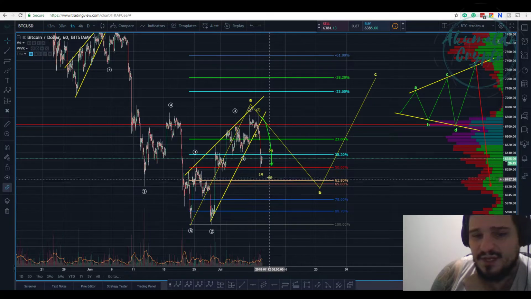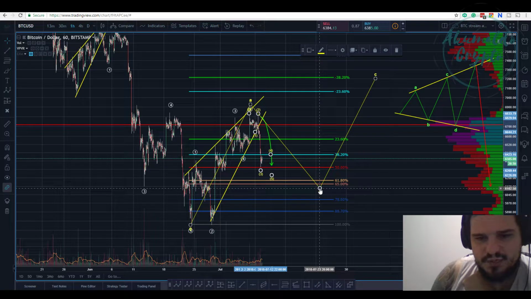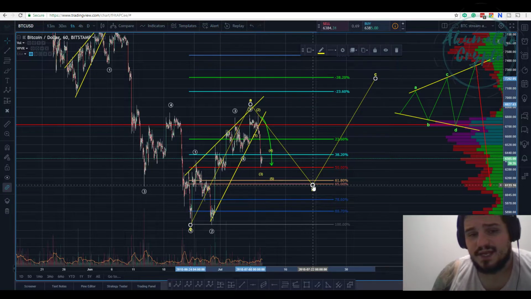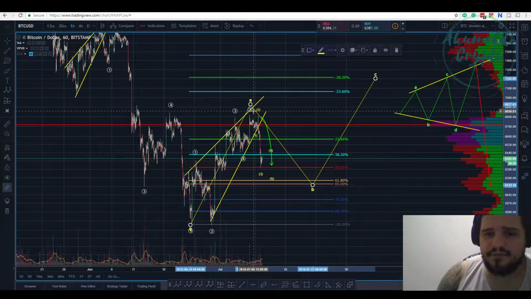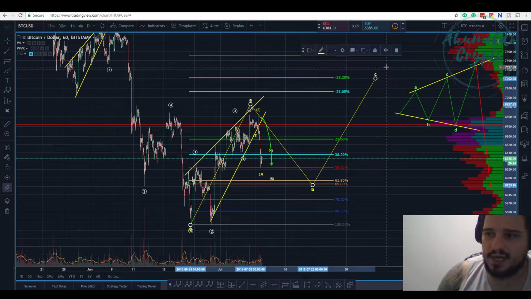We need to, first of all, see if we are going to break this level here of 6180, 65, okay. One might say, but why I think this is so interesting, okay? Because a lot of people are going to think that this is a 1, 2, and then a 3, okay?